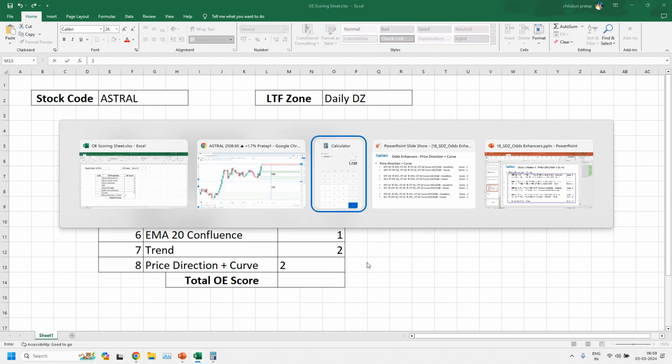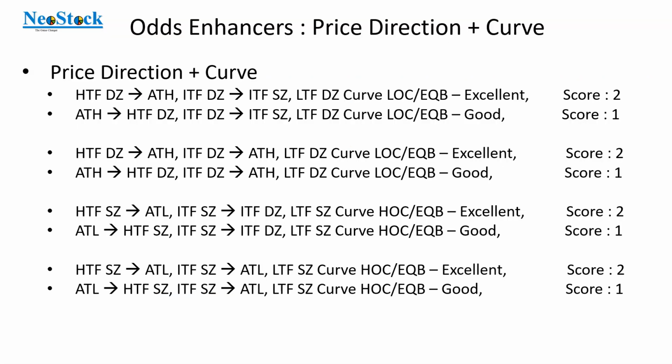So we are giving 2. That is what we have discussed here. Look at the third one here. HTF demand zone to all-time high. ITF demand zone is also moving towards the all-time high. That means bullishness in the market.